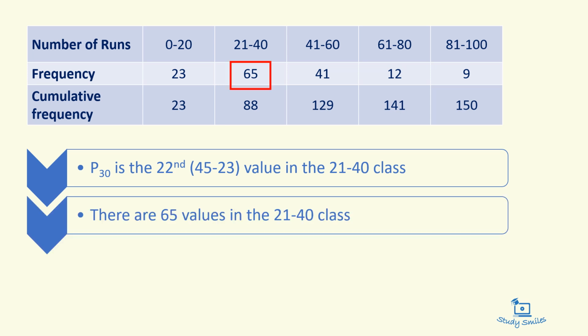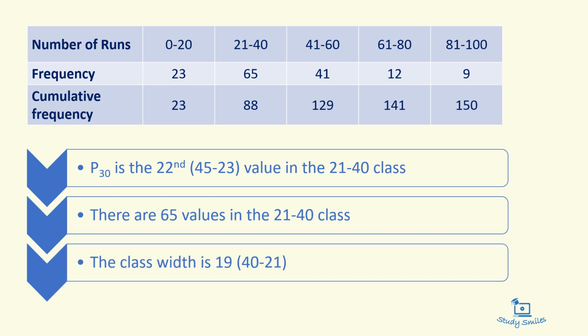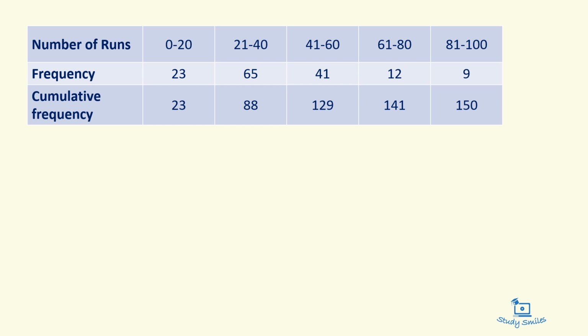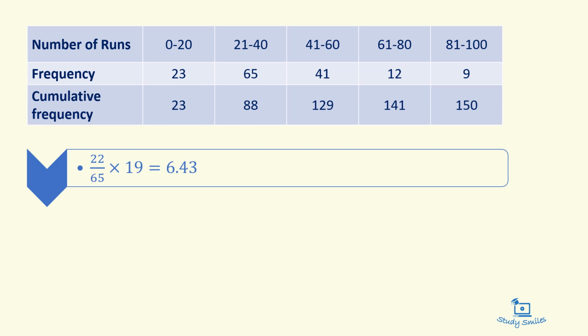From the frequencies, we can see there are 65 values in the class interval of 21 to 40, and the class width for this class is 19, calculated as 40 minus 21. 22 divided by 65, multiplied by the class width of 19, equals 6.43.